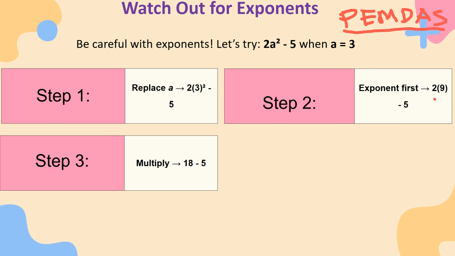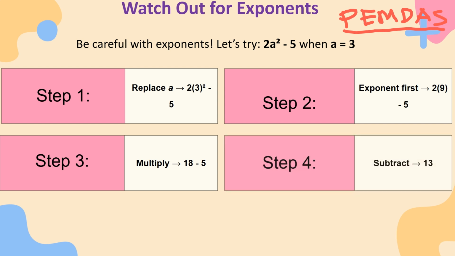So here we will now multiply. We have already dealt with the exponent, right? Exponent first. So we will now do the multiplication. What is 2 times 9? 2 times 9, of course, is 18, minus 5.